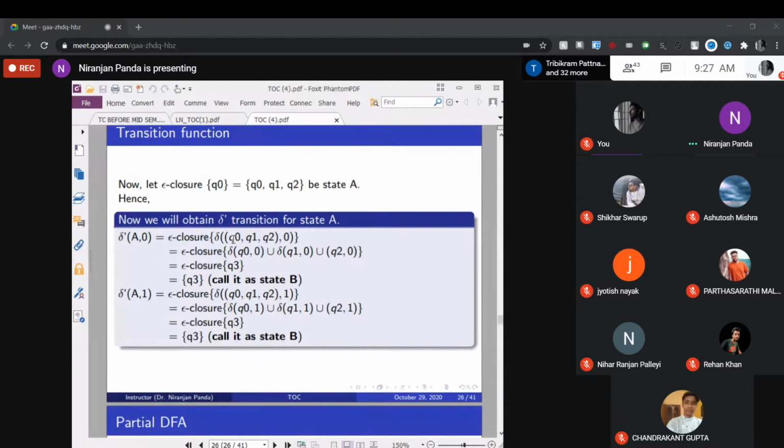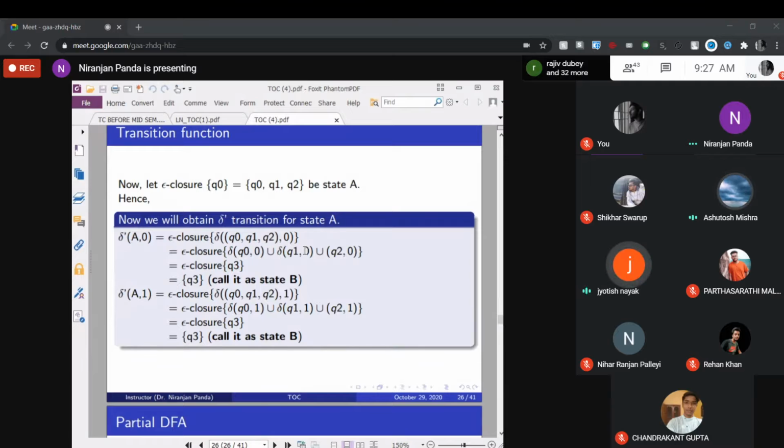What is Q0, 0? See the diagram. Q0, 0 is 5. So del of Q0, 0 is 5.